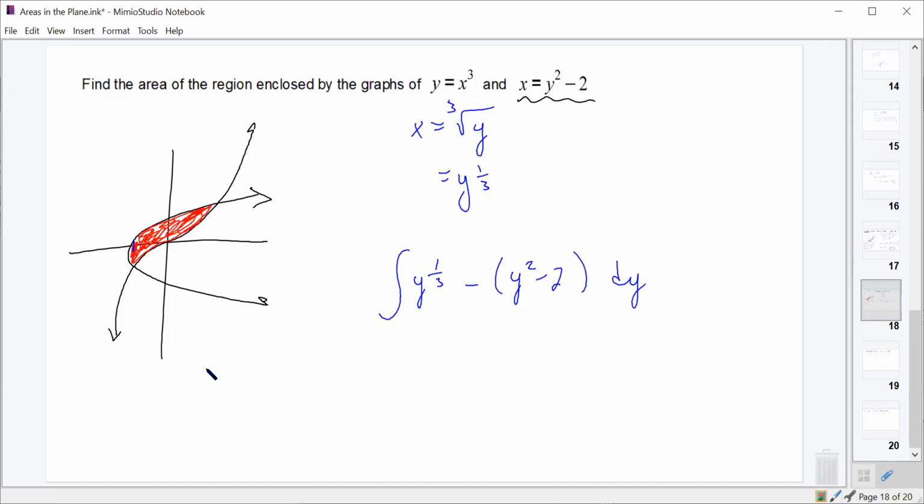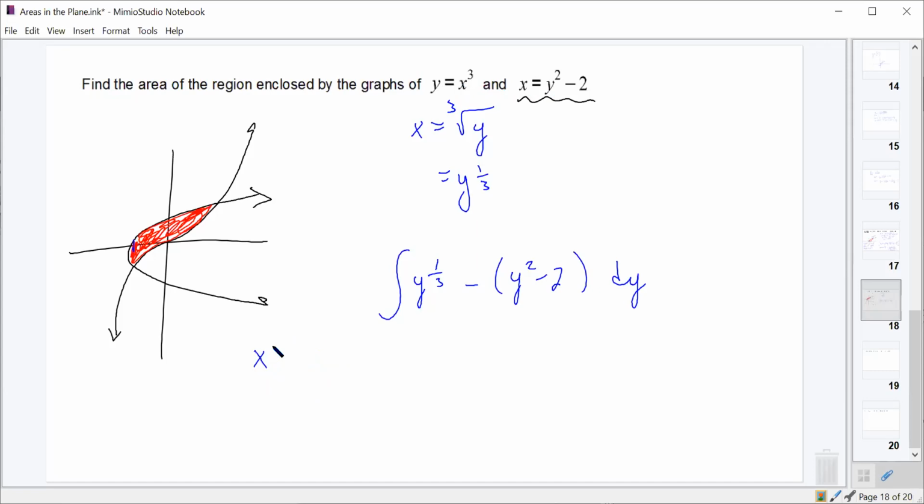And we'll need to do something here to figure out where these intersect. We can't exactly set them equal to each other, but we could say, well, we know that if y equals x cubed, then x equals x to the 6th minus 2, and we could solve that for x values and then plug them in to find y values.